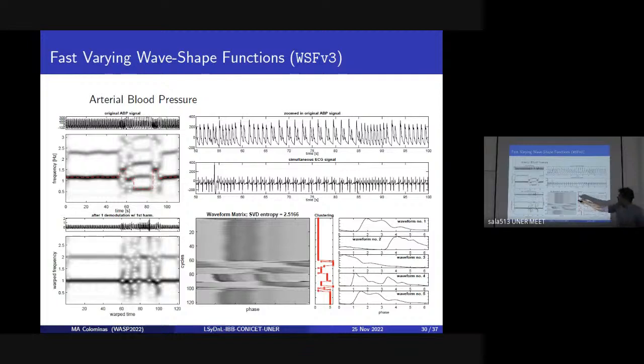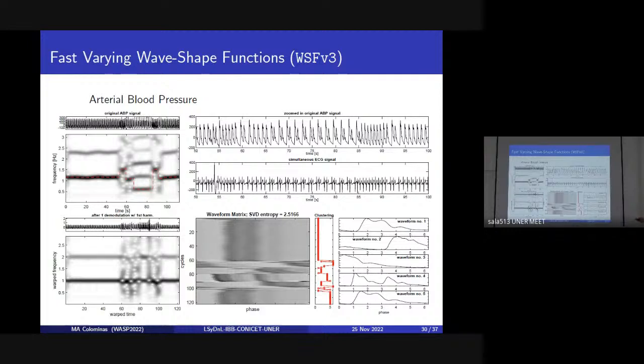Because of these sudden changes, these jumps, and some errors in the estimation, it is still not constant. But anyway, you do this, you segment, you measure the SVD entropy, and if you want, you can just cluster to see what happened. And you will not be happy with this solution.